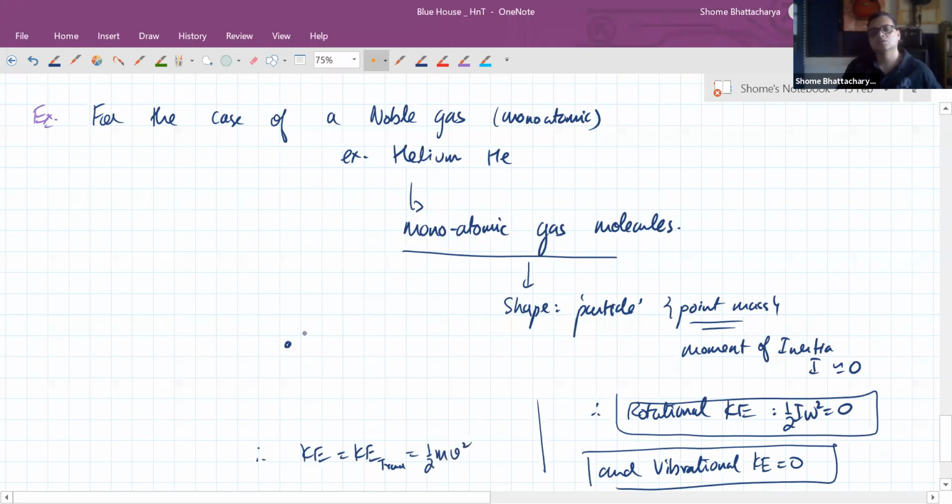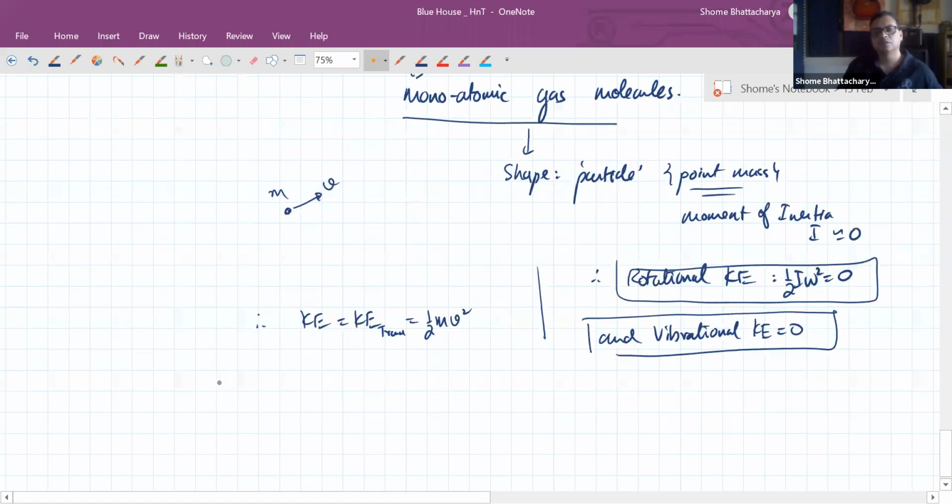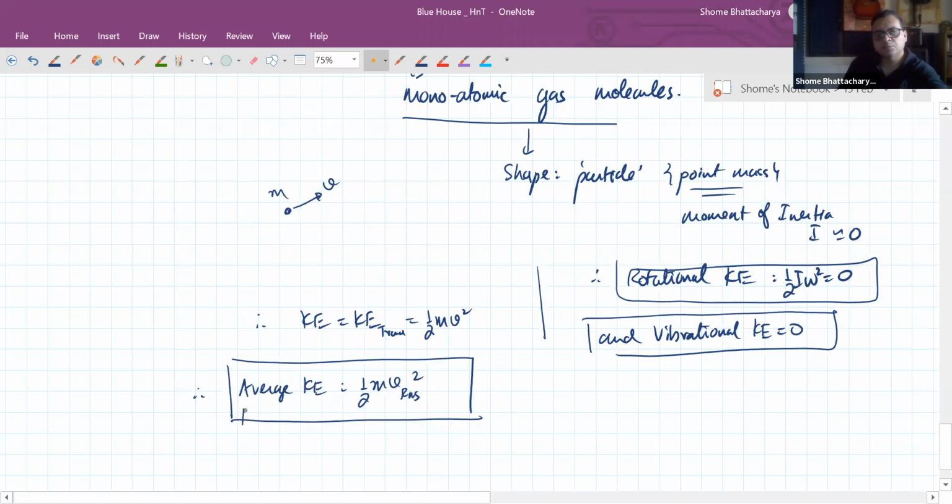So a single molecule of mass m has a kinetic energy like this. So the average kinetic energy is half m v RMS square. Okay. This is the average kinetic energy per molecule for a monoatomic gas or a noble gas like helium or argon, etc., given by this expression half m v RMS square.